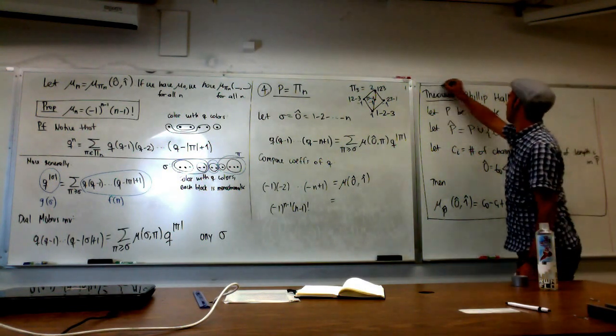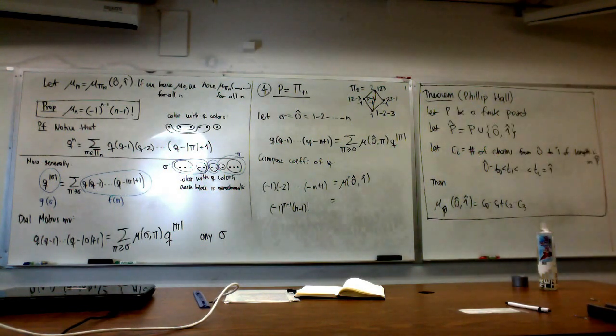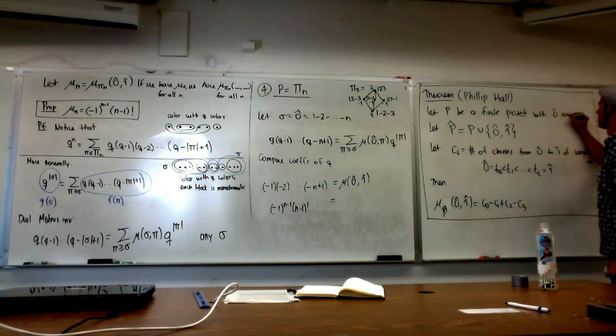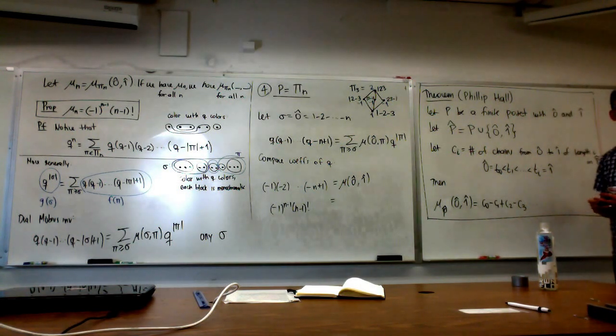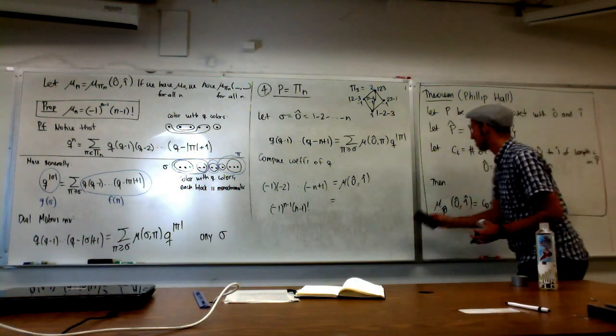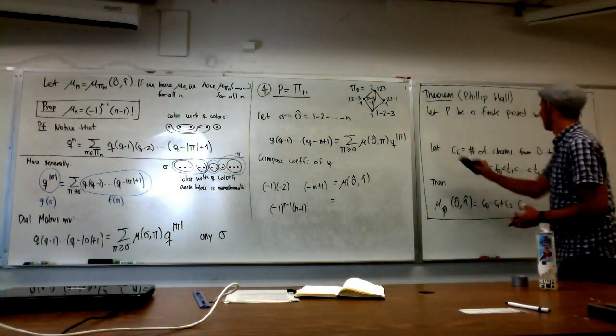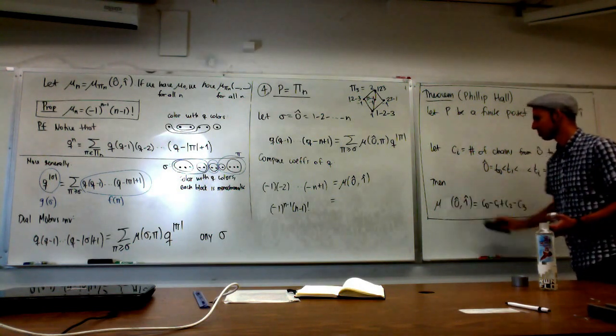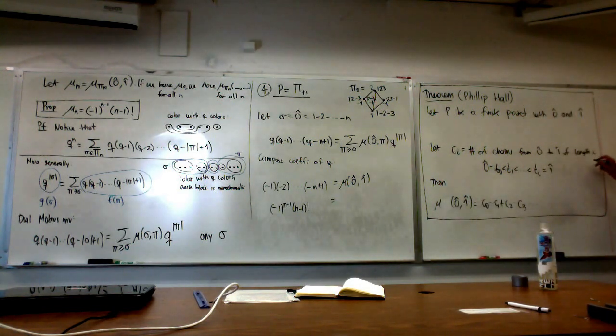Actually, you know what? I'm finding this formulation kind of strange. Let's just say that P is a finite poset with a 0 and 1. And then you get this.